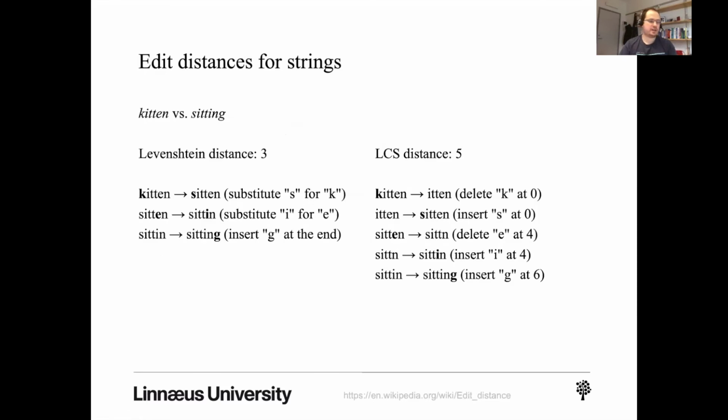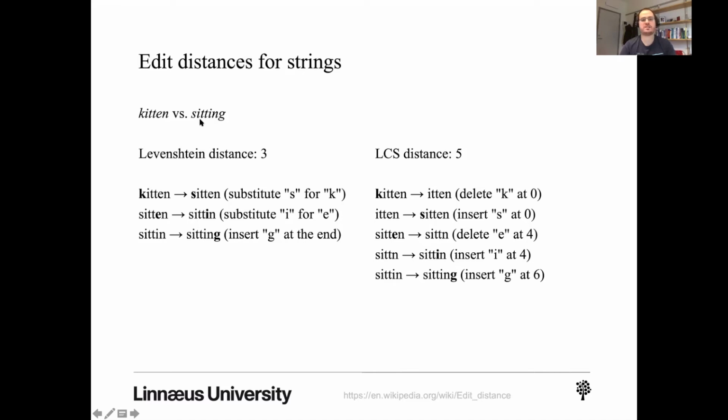Let's take a look at an example. This is actually from Wikipedia, because why not? It's a very simple, good one, of Levenshtein against LCS. So 2 different ways of computing this edit distance between 2 words. And the words we're using are kitten and sitting.